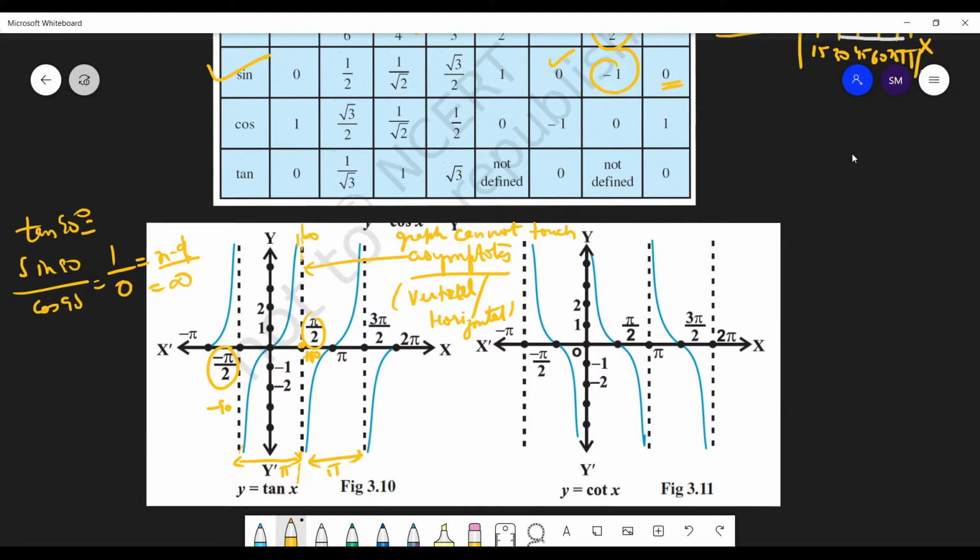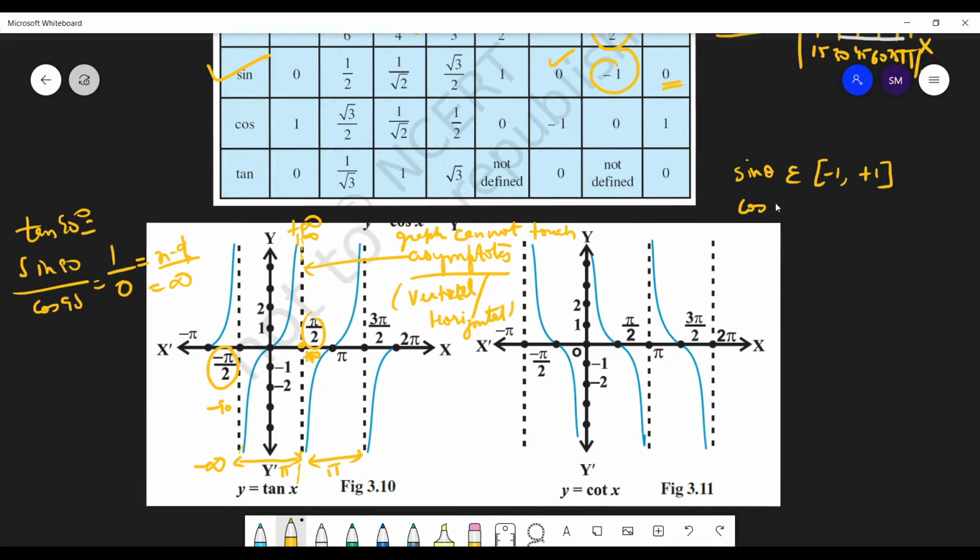One more thing: you can see that there the maximum value was 1 and the minimum value was -1, the value was fluctuating. But here you can see that the value goes from minus infinity to plus infinity. So there the range for sine theta belongs to this range.